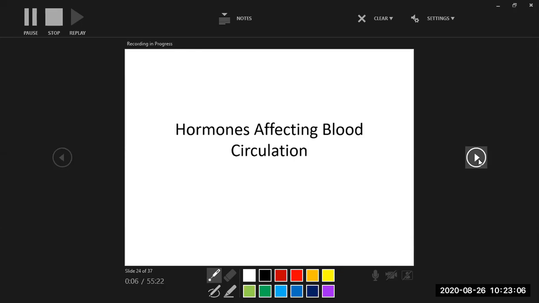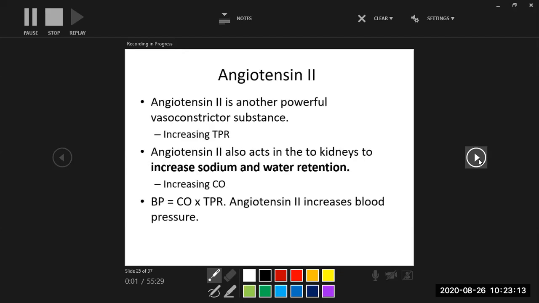The other portion that regulates our blood pressure is the hormones. The major hormones to regulate our blood pressure, in addition to norepinephrine and epinephrine, which are considered hormones as well but are also largely regulated by our sympathetic nervous system, include angiotensin II.